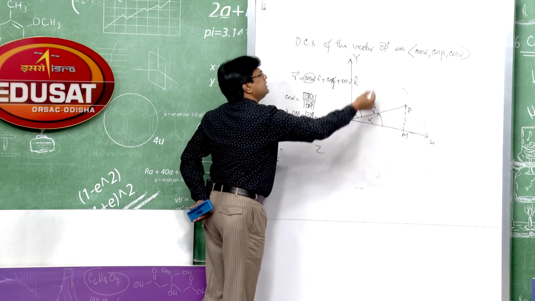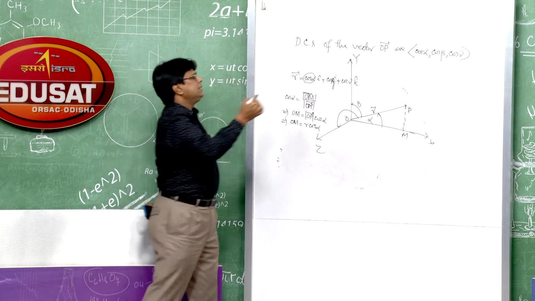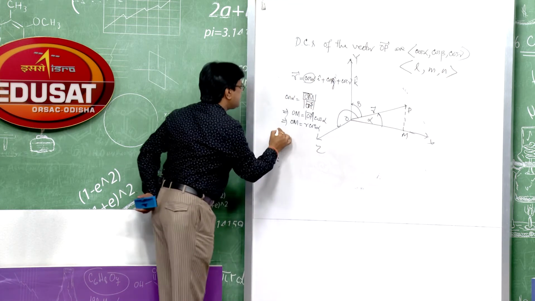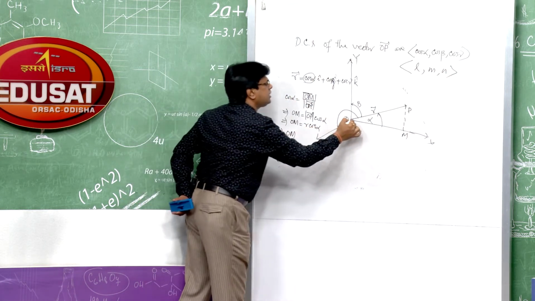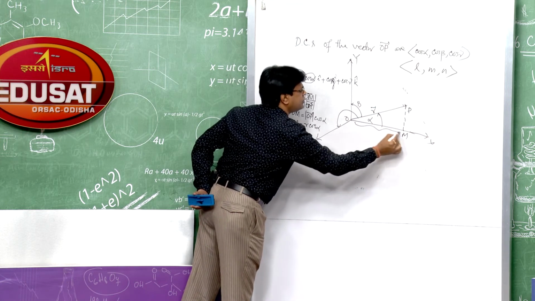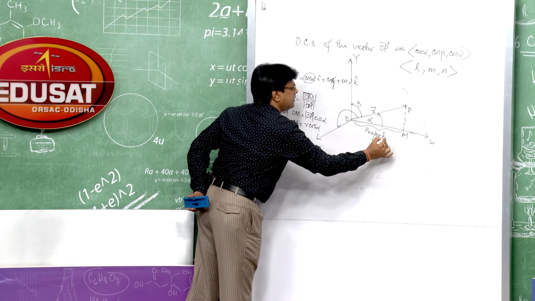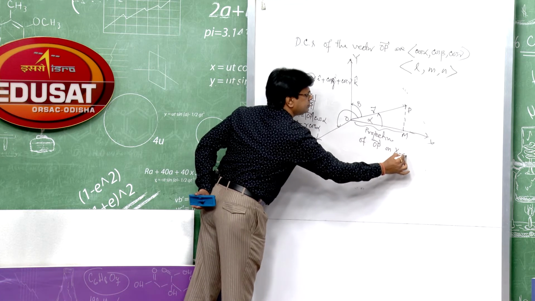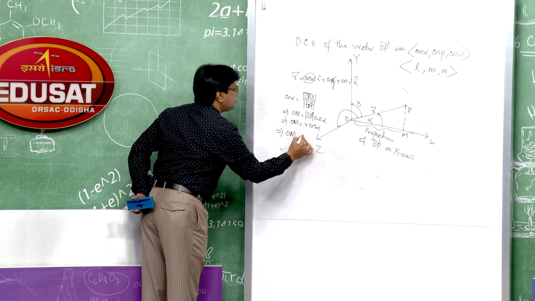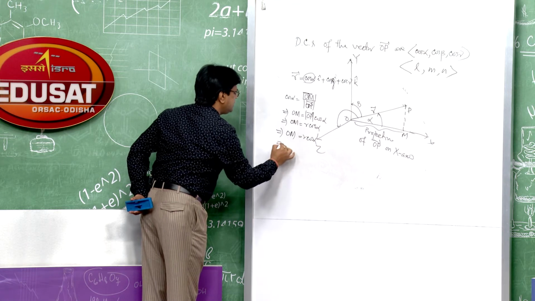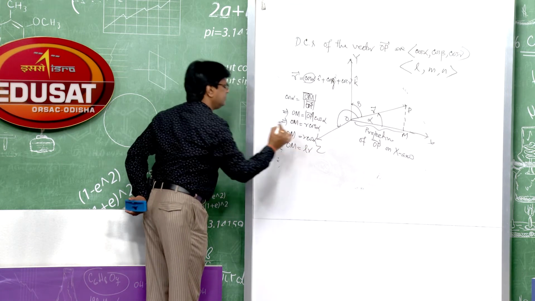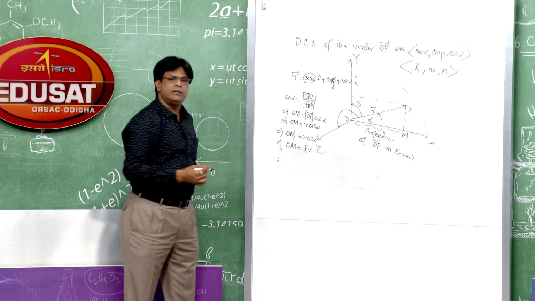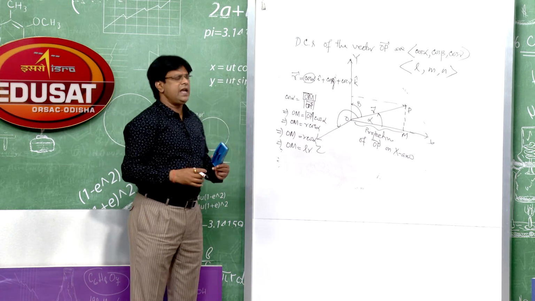These direction cosines are also known as l, m and n. In this case OM is the projection of this OP vector on the x axis. So, OM is equal to R cos alpha, or OM is equal to lR. Similarly, on the y axis this is mR and on the z axis this is nR.